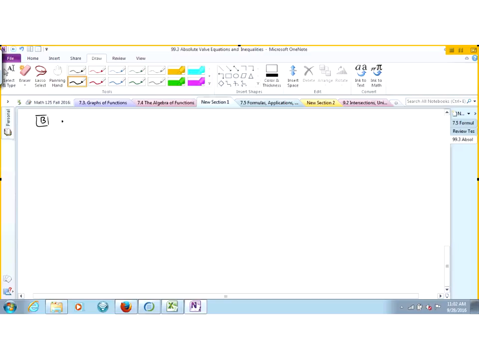So B, inequalities containing absolute value. Let's draw the absolute value of x is less than or equal to 5.